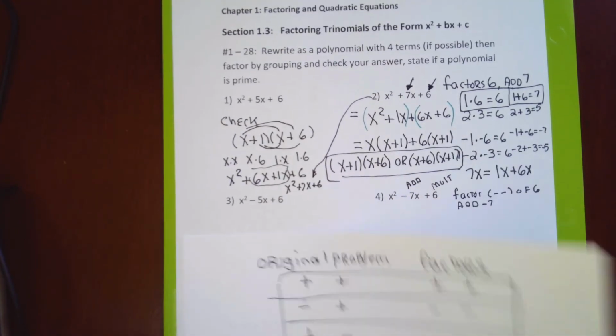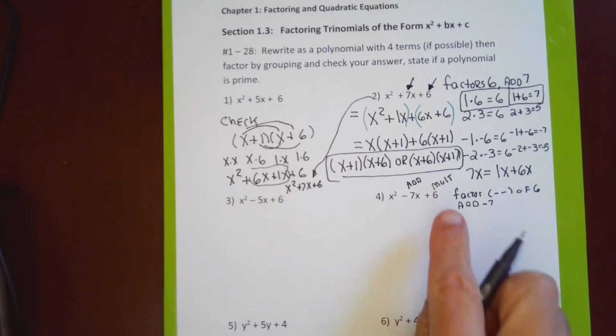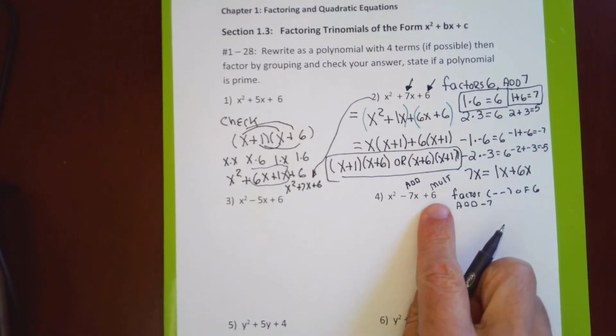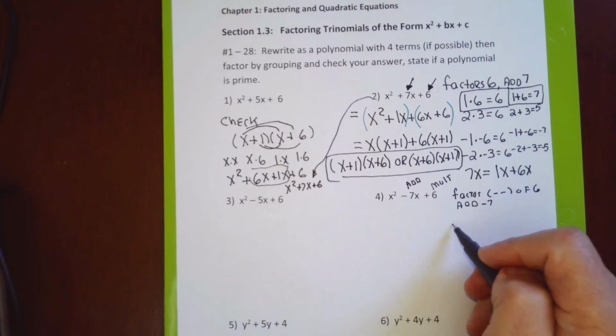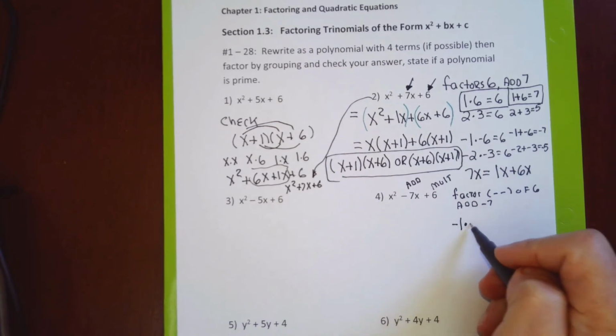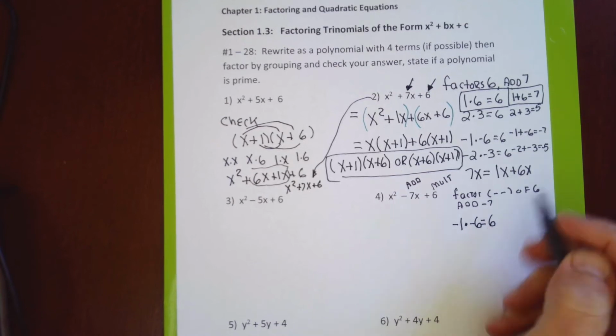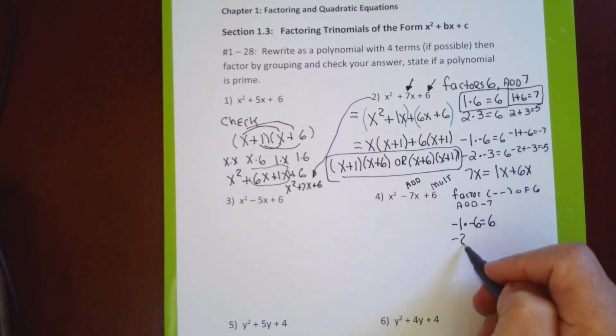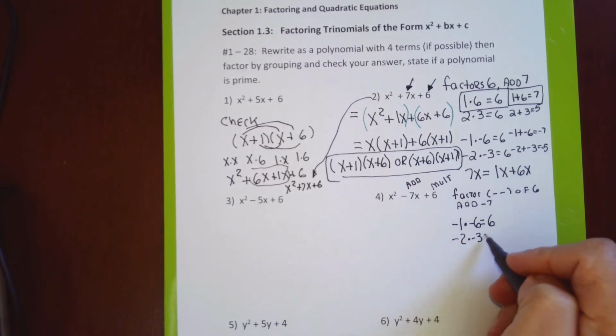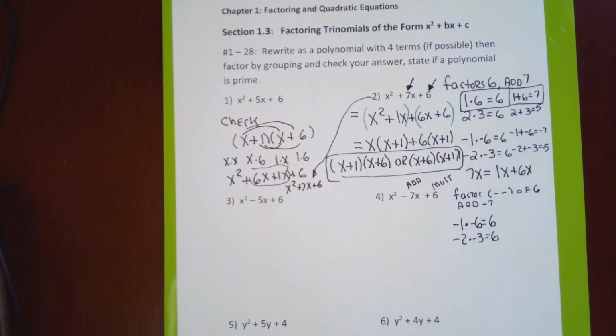The double negative numbers that multiply out to 6 are negative 1 and negative 6, because negative 1 times negative 6 is positive 6, and negative 2 times negative 3 is also positive 6.